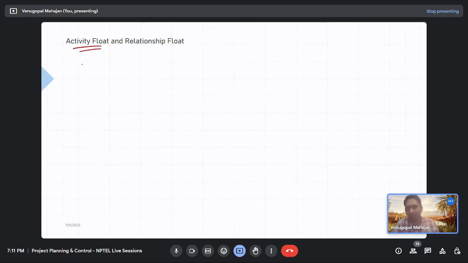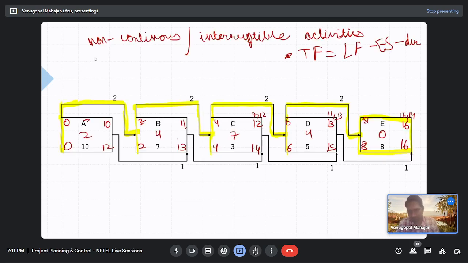Total float. How many floats can be there? How do you know that the start of an activity is critical or its finish is critical? By calculating the start float and finish float.